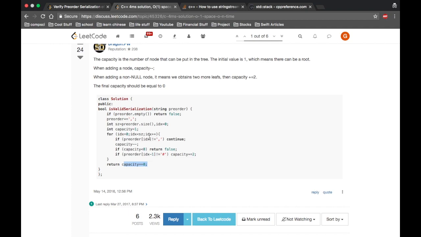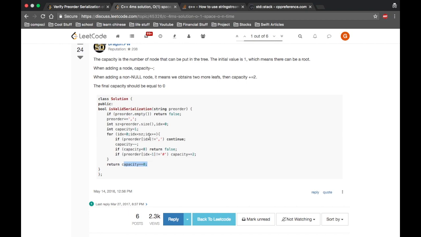There's this pattern where as you take in more elements, you have a counter, and if that counter ever goes below 0, then it's false or something. This can be like a validator.